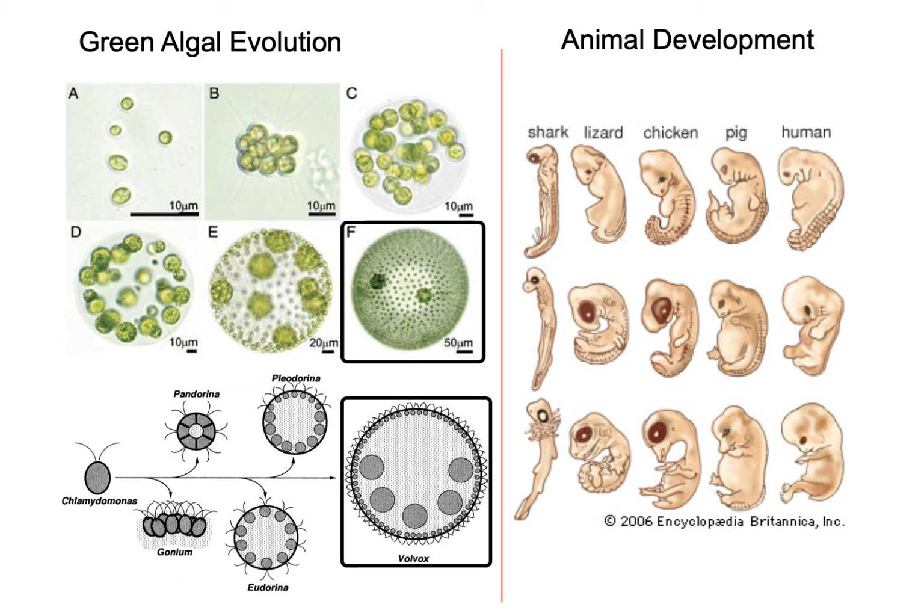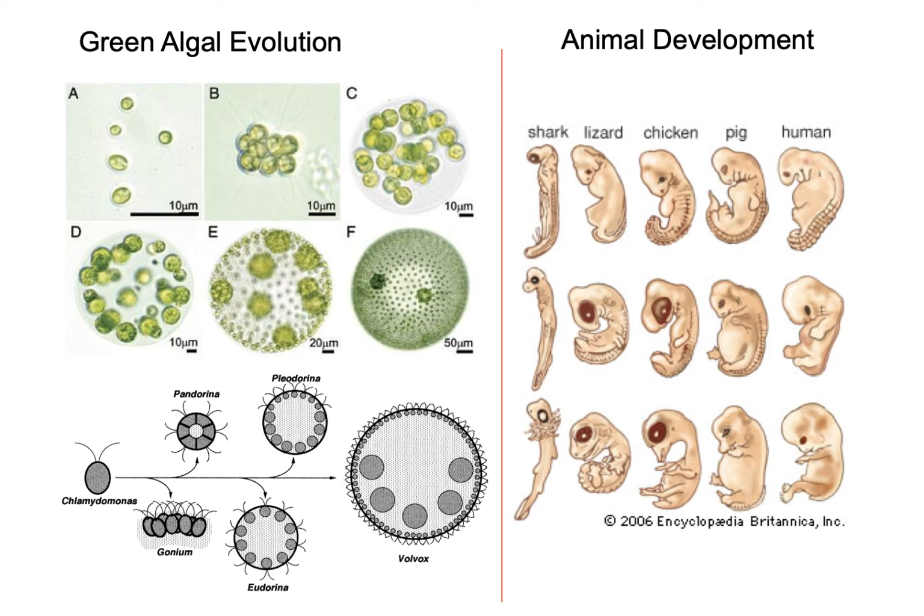By the time you get to Volvox, it's even more specialized, in that the inner cells are eventually released and become larger, with cells differentiating to look similar to the original organism.